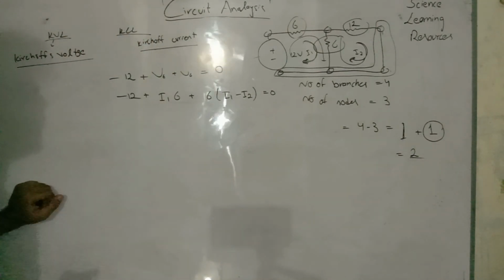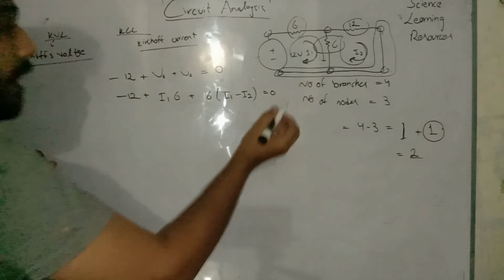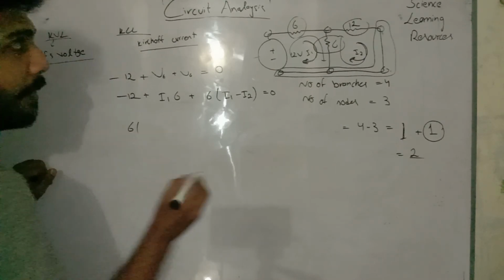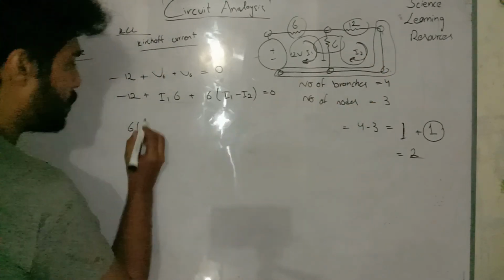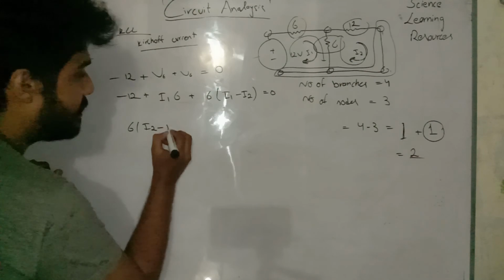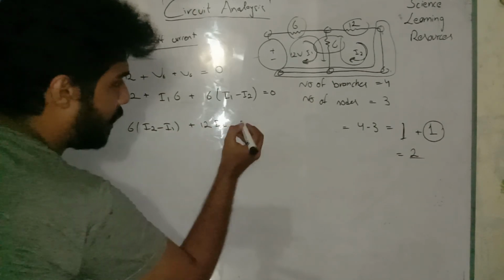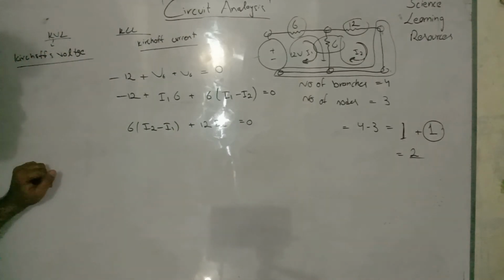After that, let us apply this analysis to the other loop. So the first thing I see is 6. But after that, I'm in the second loop, so I have to write I2 first, then I1. And after that it is 12 I2, and all that equals 0.